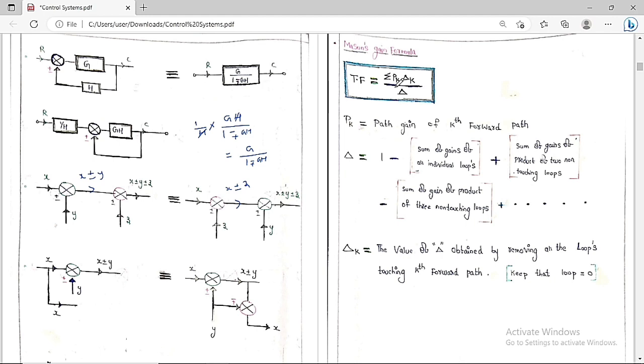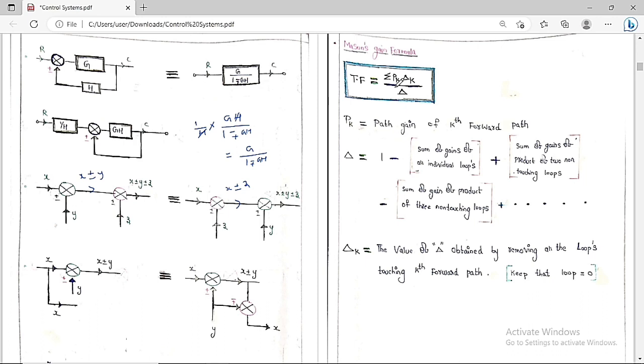Irrespective of the complex nature of the diagram, we can simply get the transfer function. So by this method, we can get the transfer function of any complex block diagram in a very simple manner. That is the basic agenda of Mason's gain formula.